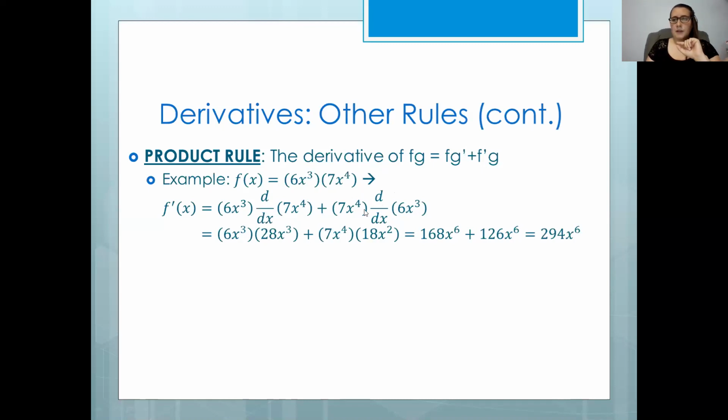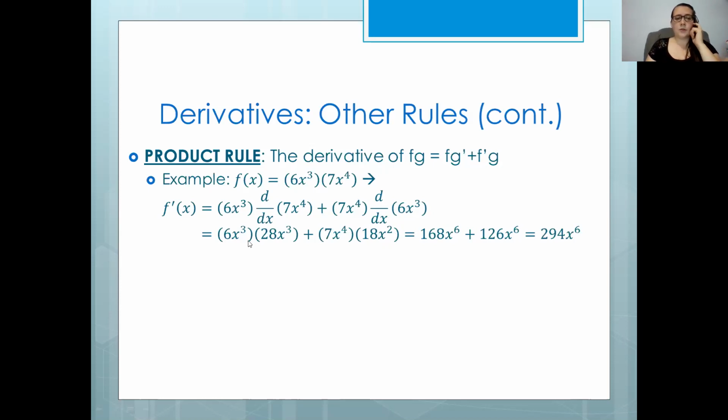Plus, we didn't change this term, we just brought it back down. The derivative of 6x cubed is 6 times 3, 18, x to the 3 minus 1, so 18x squared.